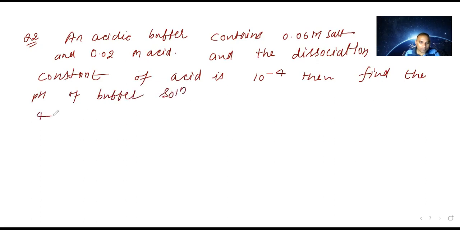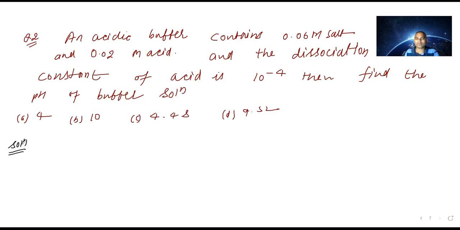The options they have given are 4, 10, 4.48, 9.52. So this is going to be 0.06 salt and 0.02 acid. And then this.